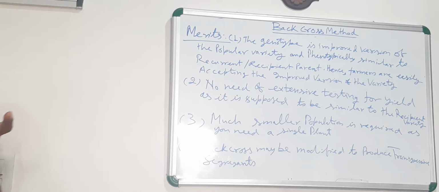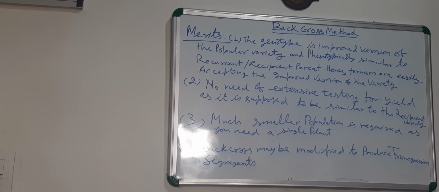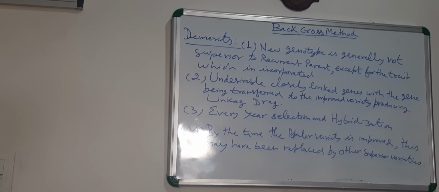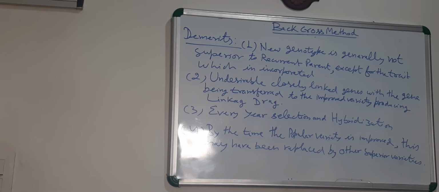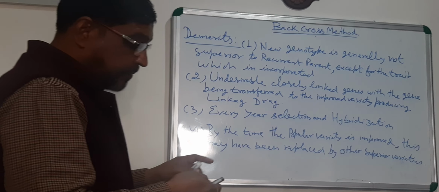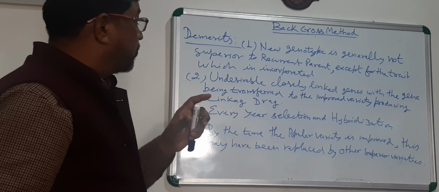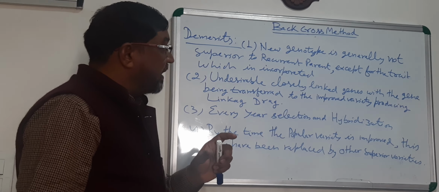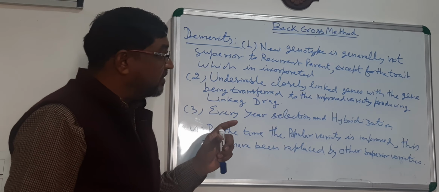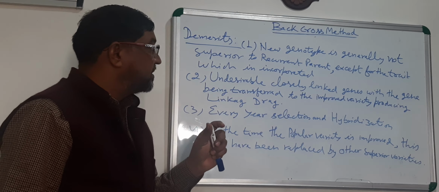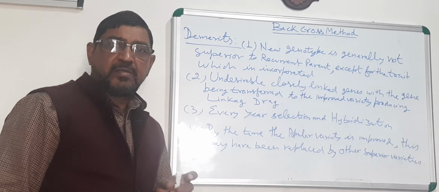Now you can see some demerits of backcross also. If you see the demerits, you can see them one by one. The new genotype is generally not superior to the recurrent parent except for the trait which is incorporated. No problem.